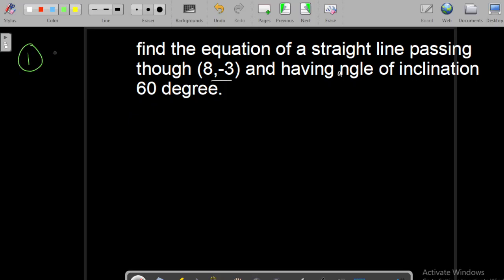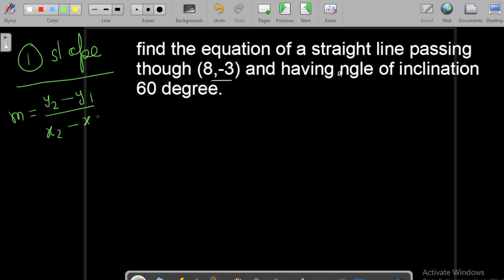Number one is slope. We first have to identify the slope. Now, in order to do that, we need all the formulas of slope. The first formula of slope is m equals y2 minus y1 whole divided by x2 minus x1.